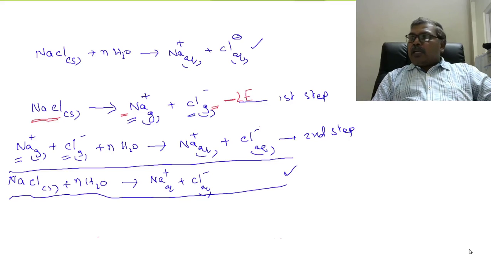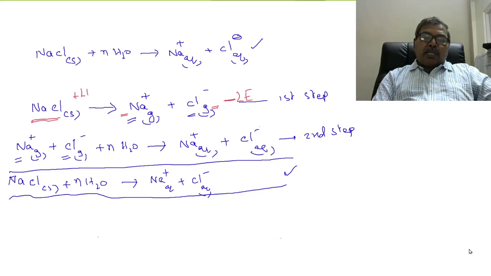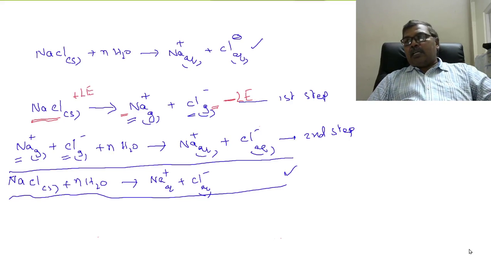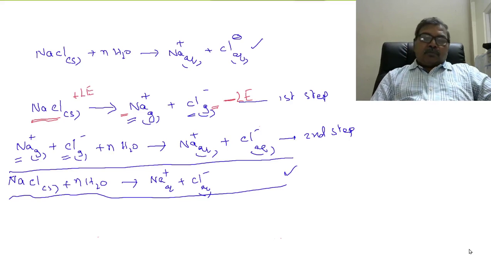Why am I putting minus lattice energy? Because we have to supply lattice energy here. Or you can also write plus lattice energy in the left hand side. This is an endothermic process.